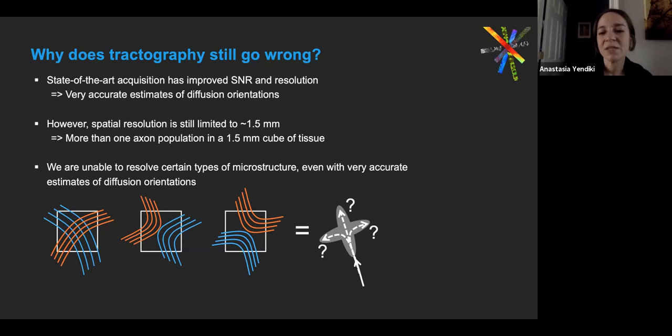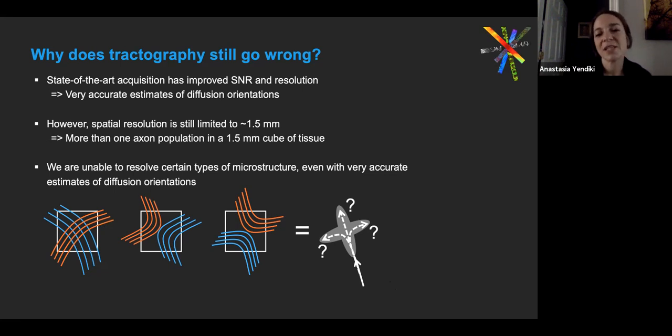So because of this, the tractography method has to make an arbitrary choice, and typically it will choose to go as straight as possible. This is how methods are usually configured. And this means that it will essentially be choosing the configuration on the far left, so the crossing. And a lot of the focus of the community has been on improving the modeling of crossing fibers.